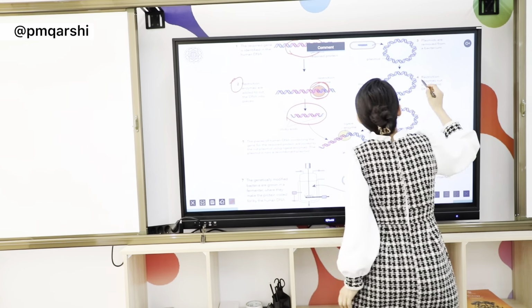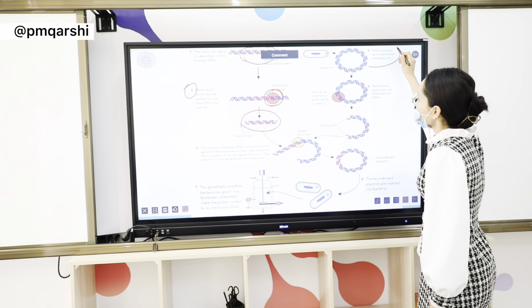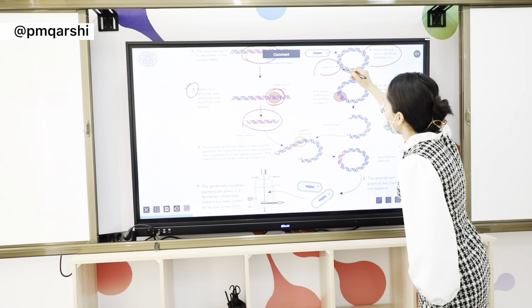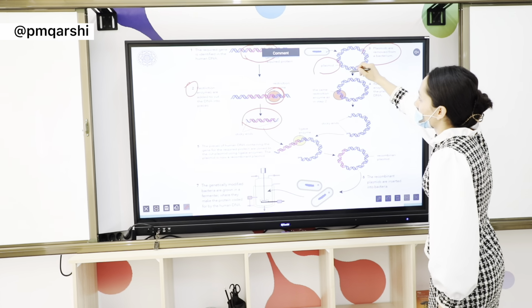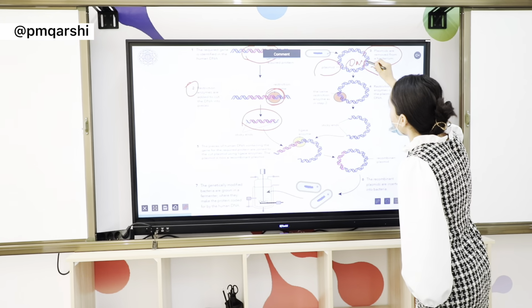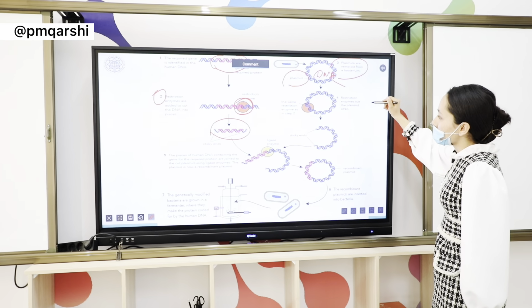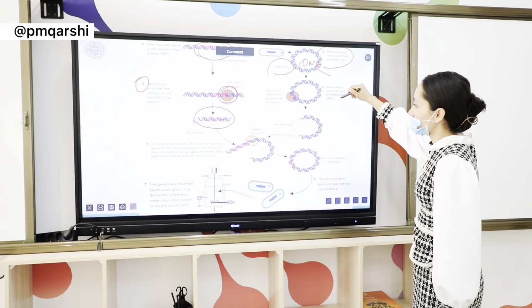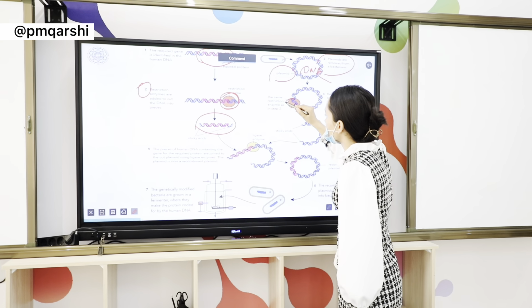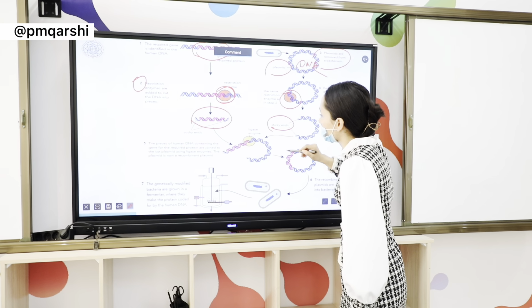Next step, plasmids are removed from a bacterium. This plasmid is DNA. Next step, restriction enzymes cut the plasmid DNA. This restriction enzyme separates sticky ends.